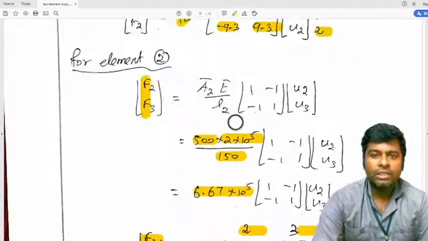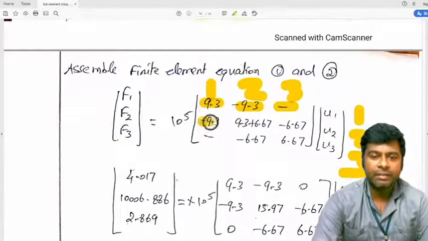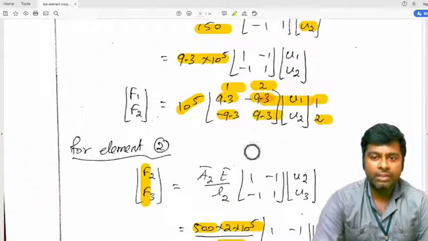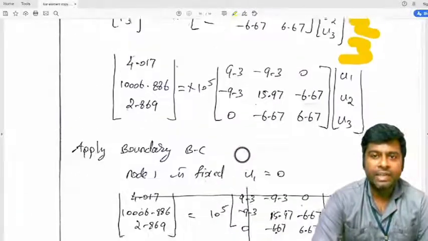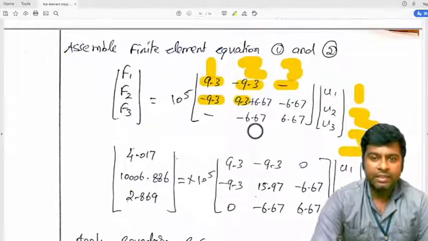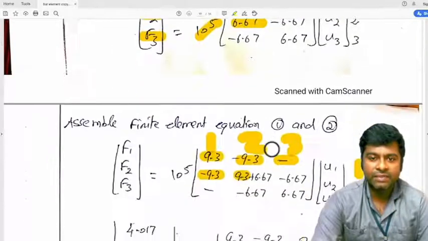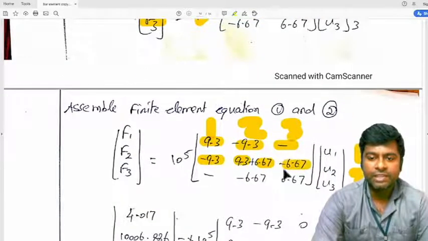1 2 equal to minus 9.3, so write minus 9.3. 2 2 equal to 9.3 from the first element, and from the second element 2 2 equal to 6.67, therefore write 9.3 plus 6.67. 3 2 equal to minus 6.67.